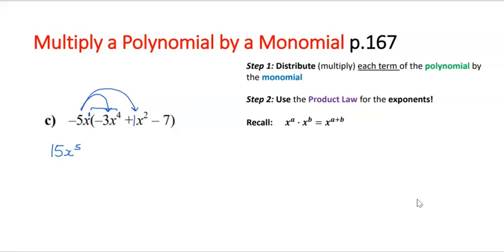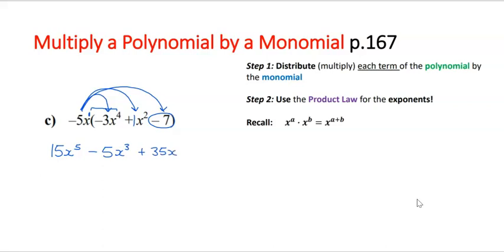This is a positive 1x squared. Negative 5 times positive 1 is negative 5. X to the power of 1 plus 2 is x cubed. And for our last term, we're going to distribute. Negative 5 times negative 7 is a positive 35. And the x gets brought along.